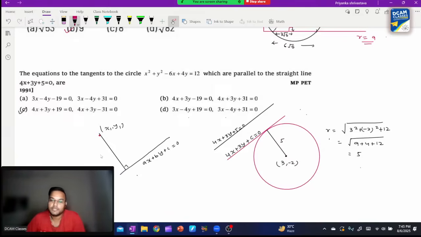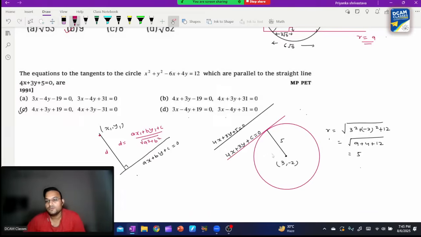Because we cover straight line first, the reason is we use it many times in our problem solving. The formula that you are going to use is the distance d equals ax1 plus by1 plus c by root over a square plus b square.